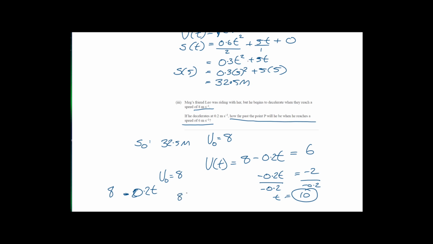So it's going to be 8t minus 0.2t squared over 2. And the t is going to be 10 seconds.